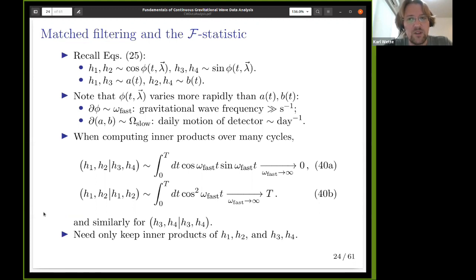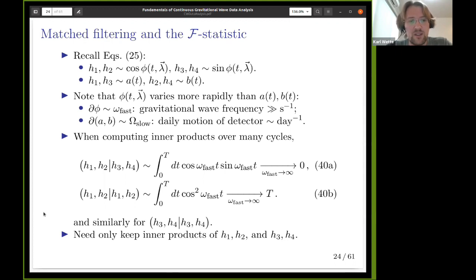Basically, if we look at the expressions for the basis functions, they depend on the phase parameter through cosine phi and sine phi, and they also depend on the amplitude functions A(t) and B(t). But the phase varies much more rapidly than these A and B functions, because typically the frequency of our gravitational wave is many hertz, so tens, hundreds, even kilohertz, whereas our A and B functions only vary on a much slower time scale, which is over a day.